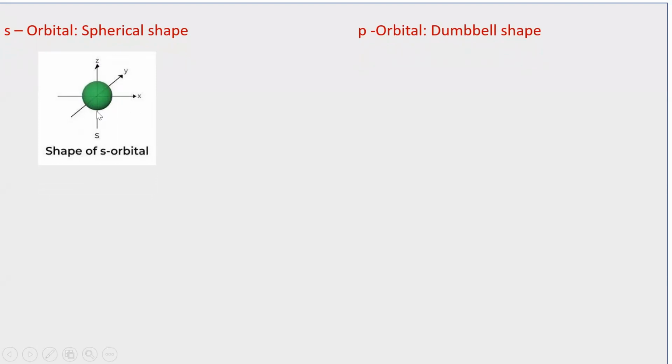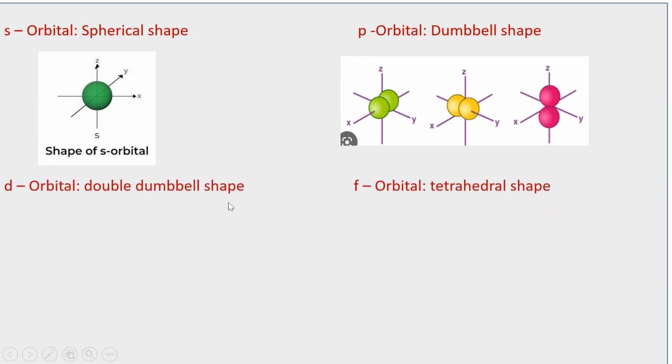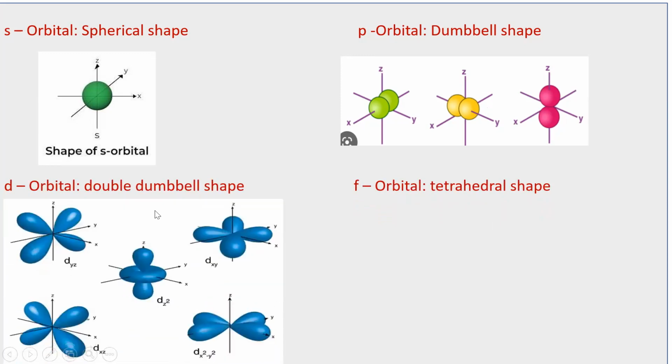Whereas the p orbital is dumbbell shaped, and we have three p orbitals mutually perpendicular to each other. One is along the x-axis, another along the y-axis, and the other along the z-axis, as you can see here. Similarly, the d orbital is double dumbbell shaped, and the f orbital tetrahedral shaped.